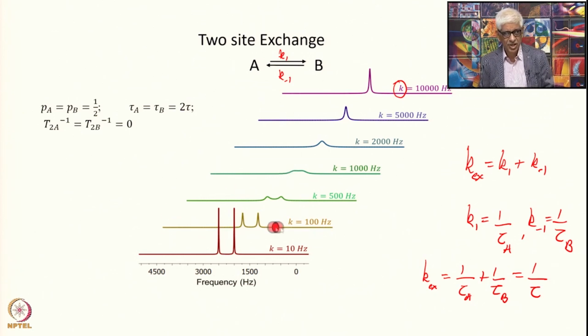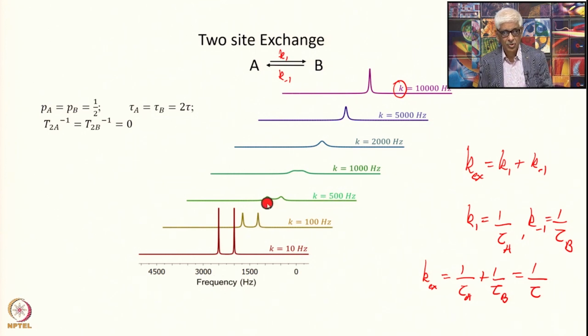So, you see when the exchange is very slow, K is equal to 10 hertz, you see two clear lines, and of course the intensities are also high. When you increase it to 100 hertz, the lines have broadened and therefore the intensity has come down, the height has come down.